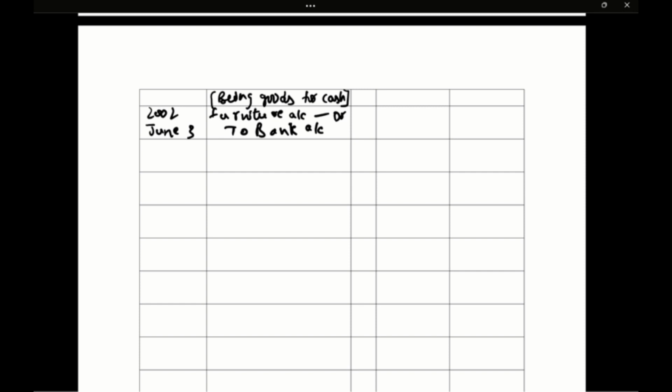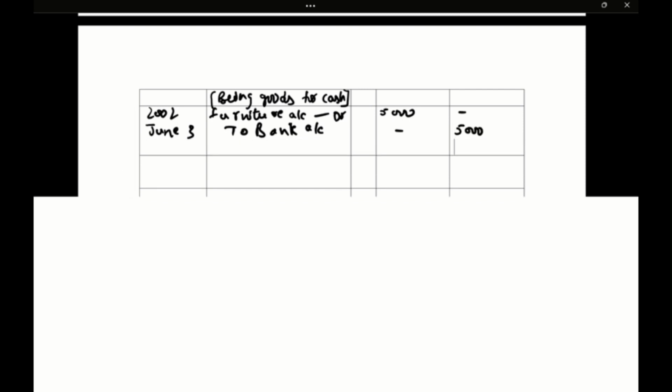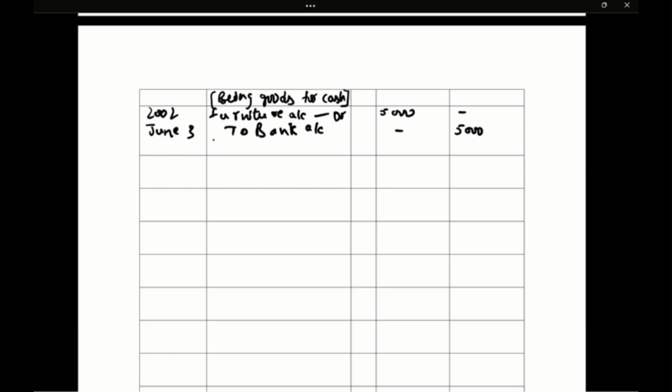So the amount is 5,000. So here the narration will be furniture purchased.